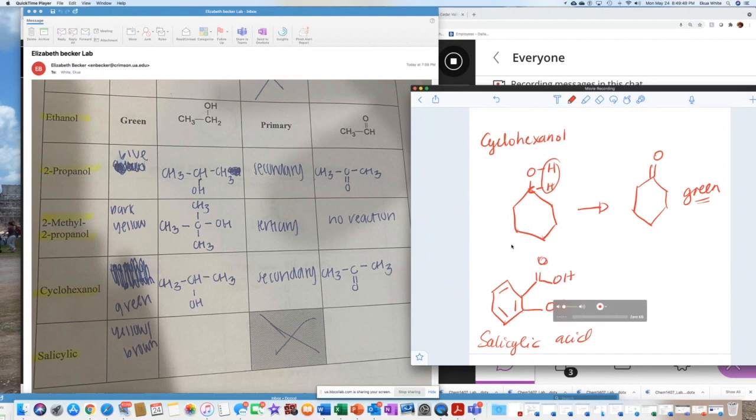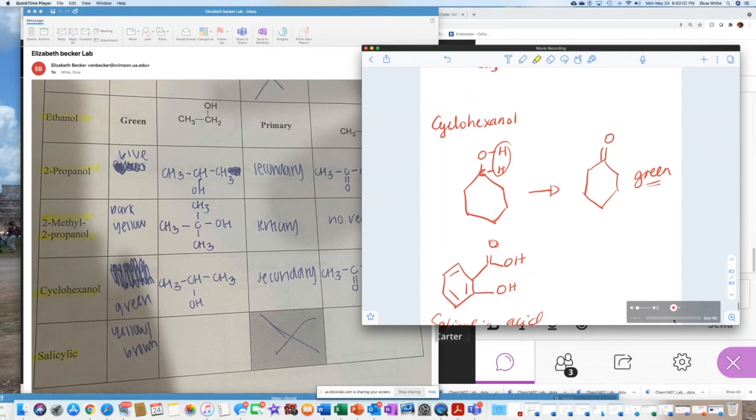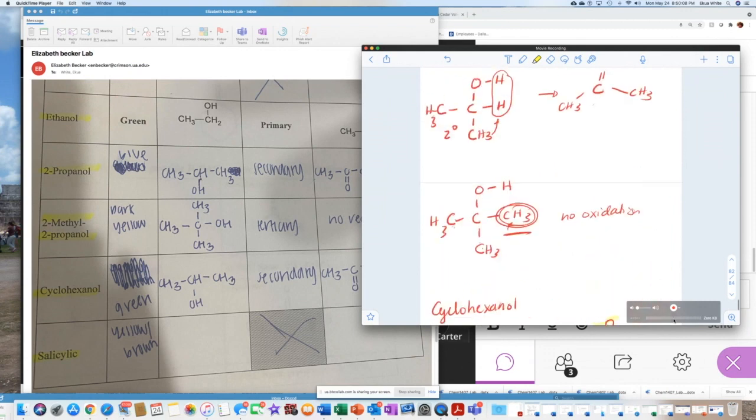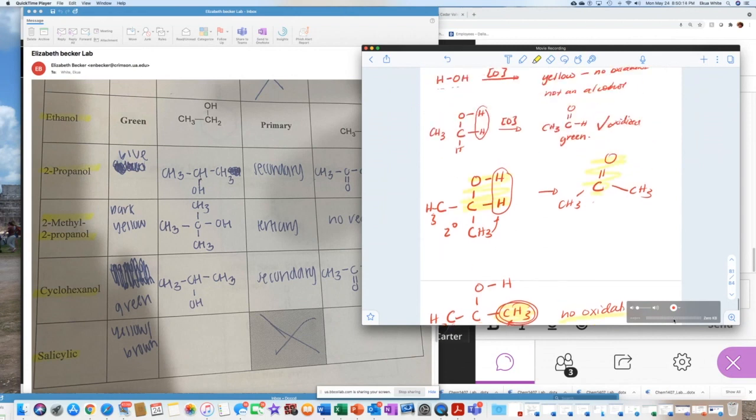Yellow brown, right? So the question is always, do you have an available OH? Because you need an OH next to a CH, right? If you notice all the oxidations here, this was the magic combination that created that. In all of these, because the H was missing here, we had no oxidation. With this one, this magic combination created that.